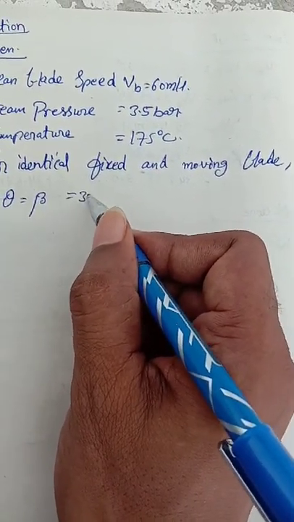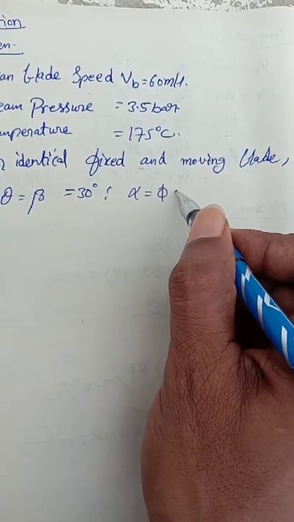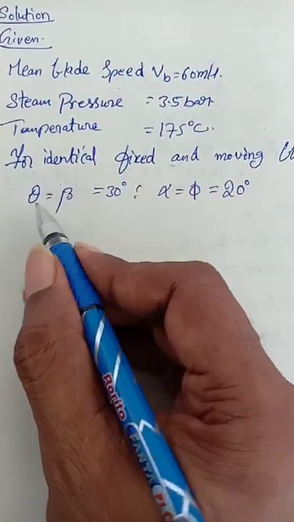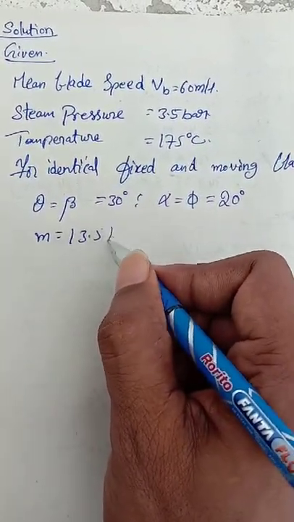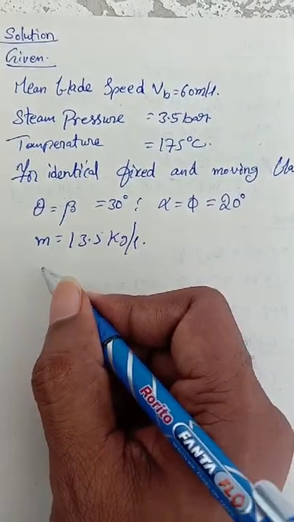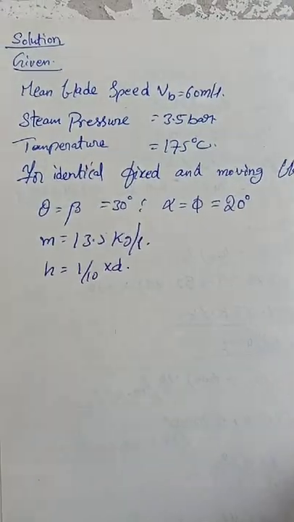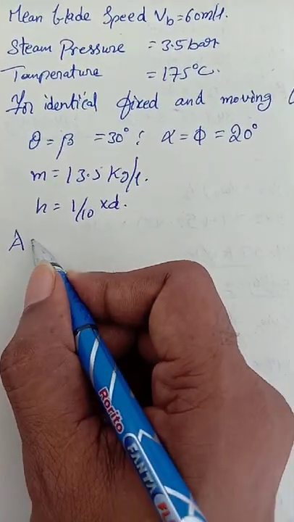Angle is given 30 degrees. Then alpha is equal to 20 degrees. And now here m is equal to 13.5 kg per second. H is equal to 1 by 10 into D. So this is the given. Now go for the solution part.